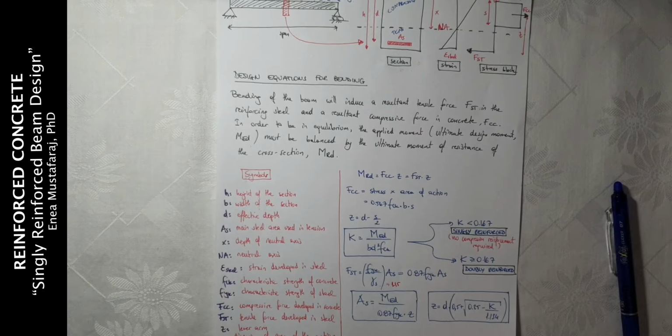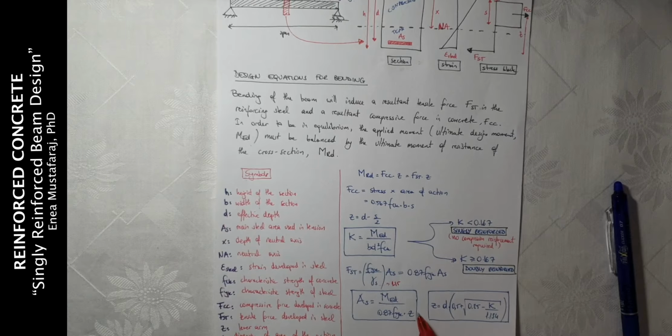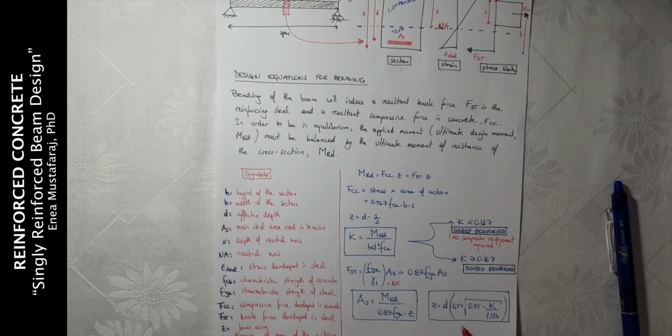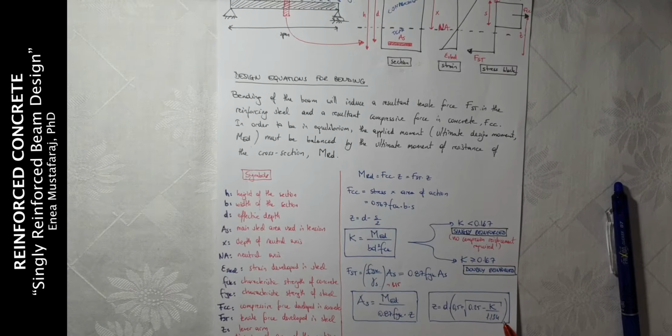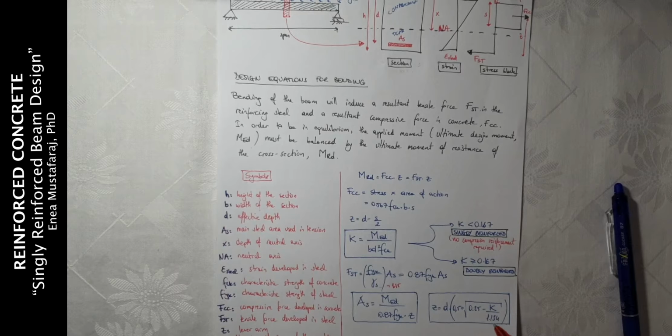The area of steel will have this formula: applied design moment divided by 0.87 FYK times Z. And the formula for calculating the lever arm is: effective depth times 0.5 plus the square root of 0.25 minus K divided by 1.134.